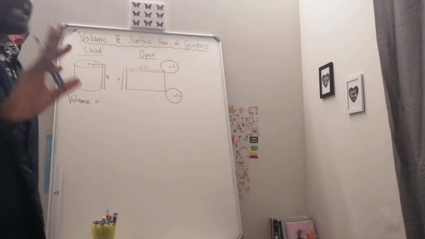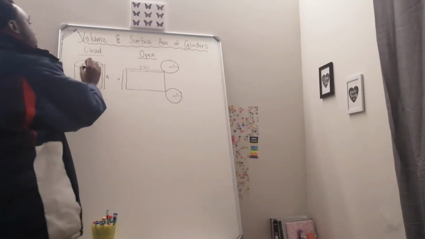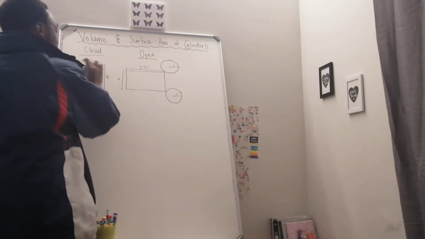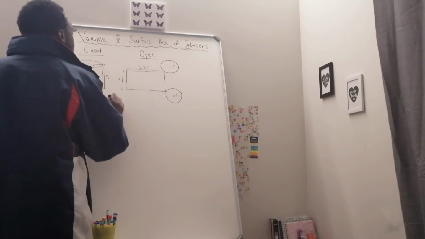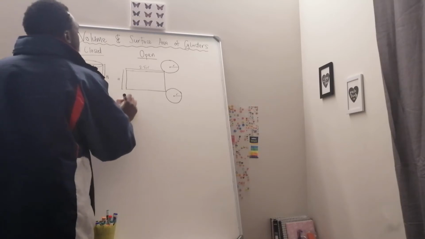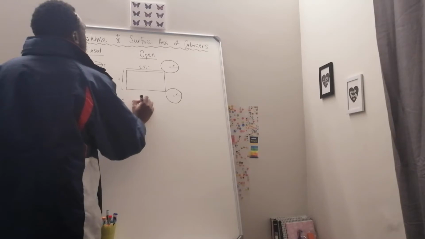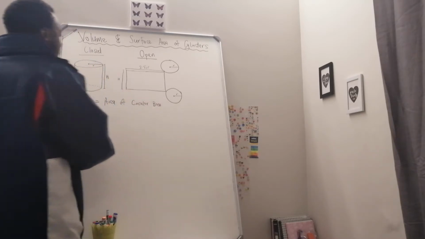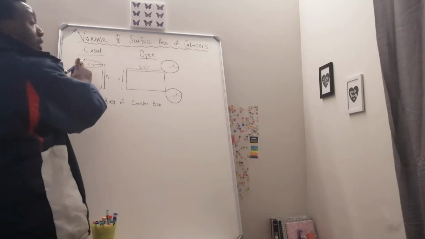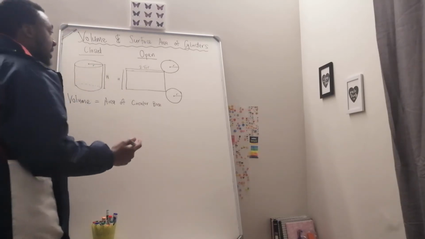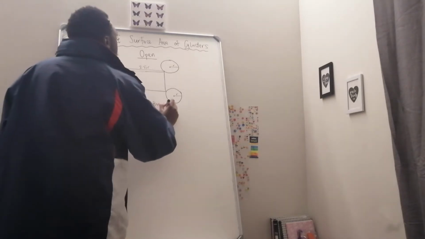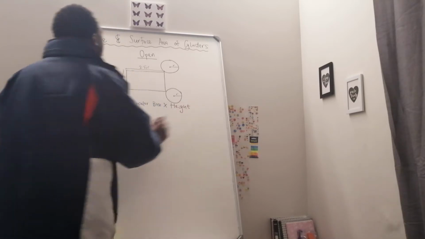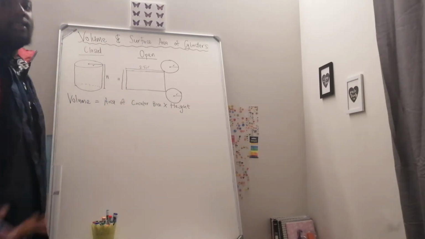Volume of a cylinder is, you need to calculate the area of the circular base. So I'll write it as area of circular base. It could be either that or that. It's going to be the same, right? And then you multiply this with the height, how high the cylinder is.